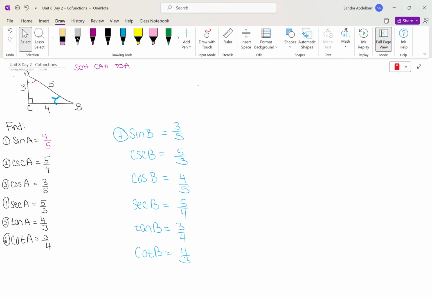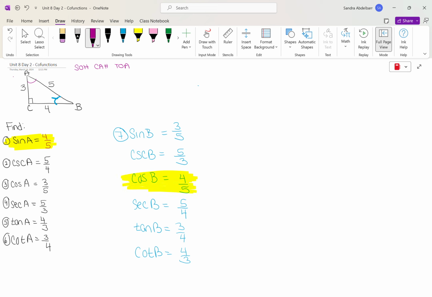Okay, so what I want us to do is make a connection. Which ones made the same ratios? Sine A was 4/5. In the second column, which one was also 4/5? Okay, that's not a coincidence. So we have sine A and cosine B. You're going to write that down.